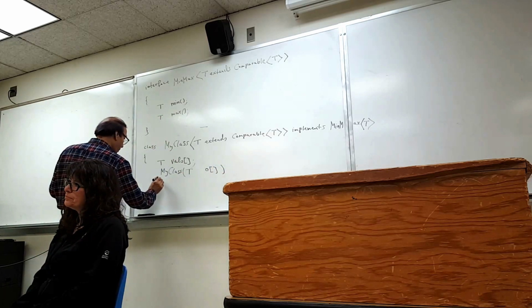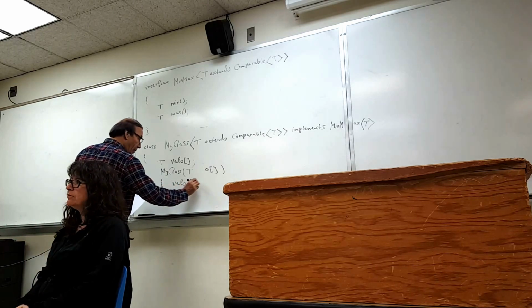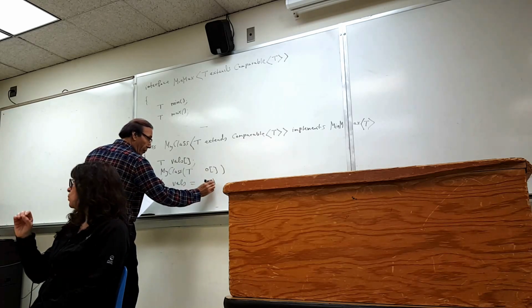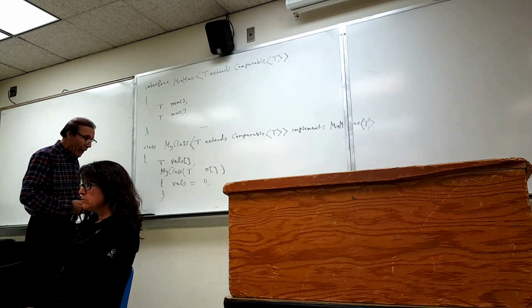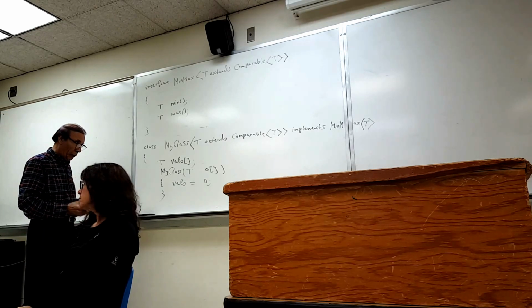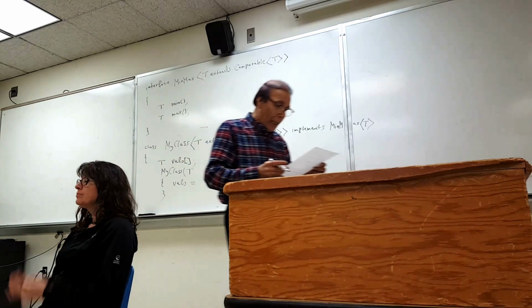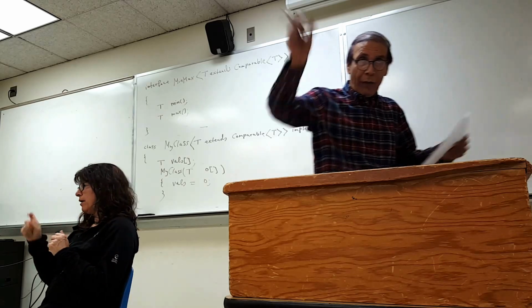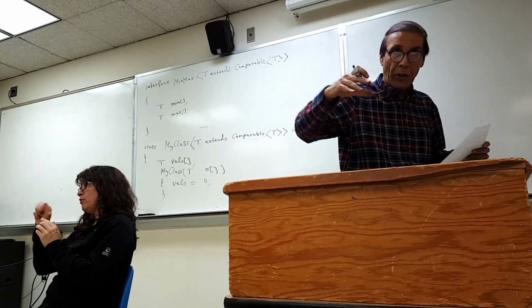The constructor is made. Perfect. Now we're going to implement min and max. Min means we have an array and we want to find the smallest number in the array, and max means we have an array and we want to find the largest number in the array.